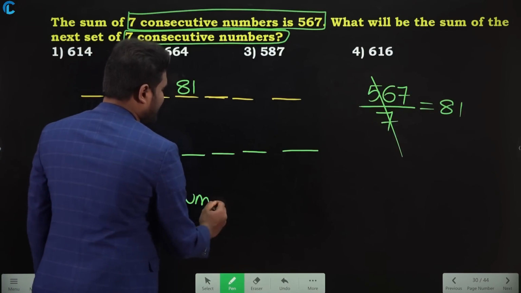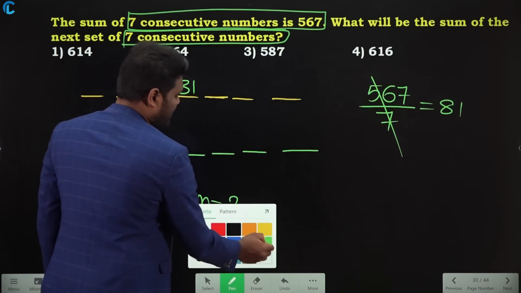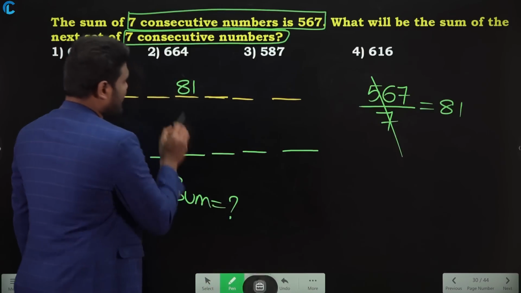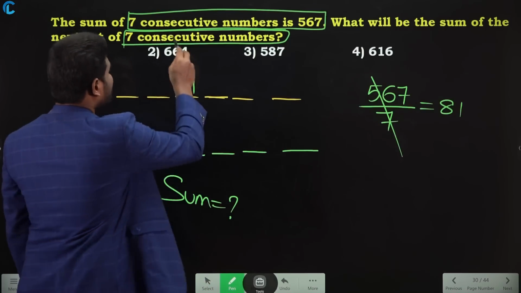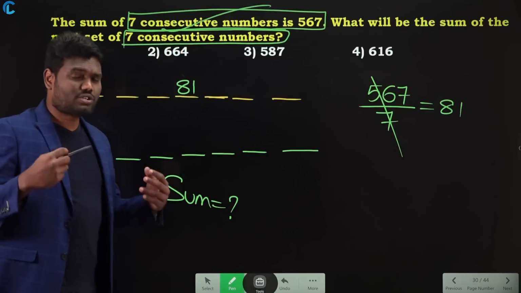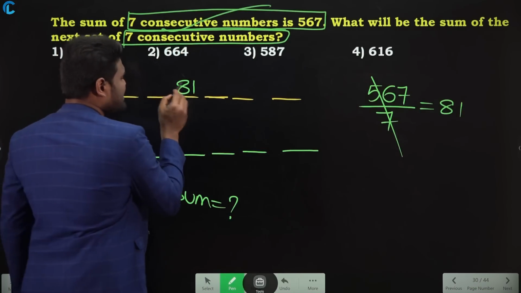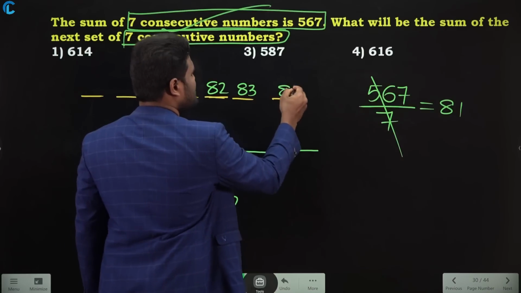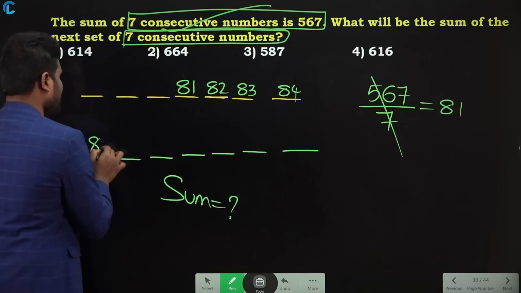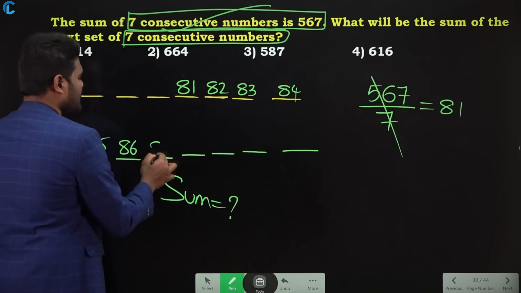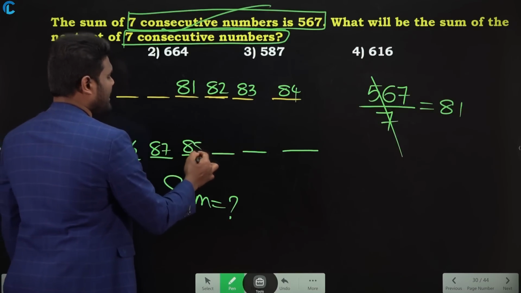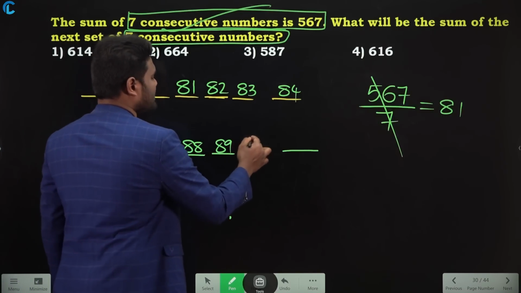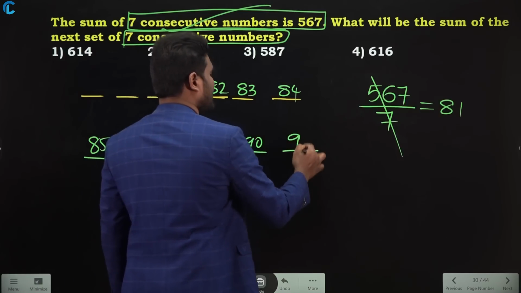As the question is about 7 consecutive numbers, if this is 81, the next ones are 82, 83, 84, 85, 86, 87, 88, 89, 90 and 91.